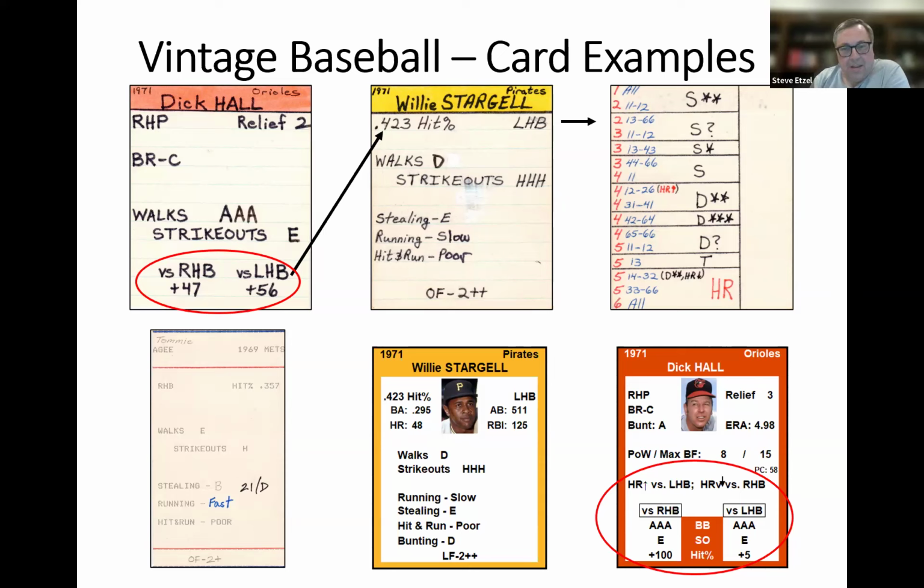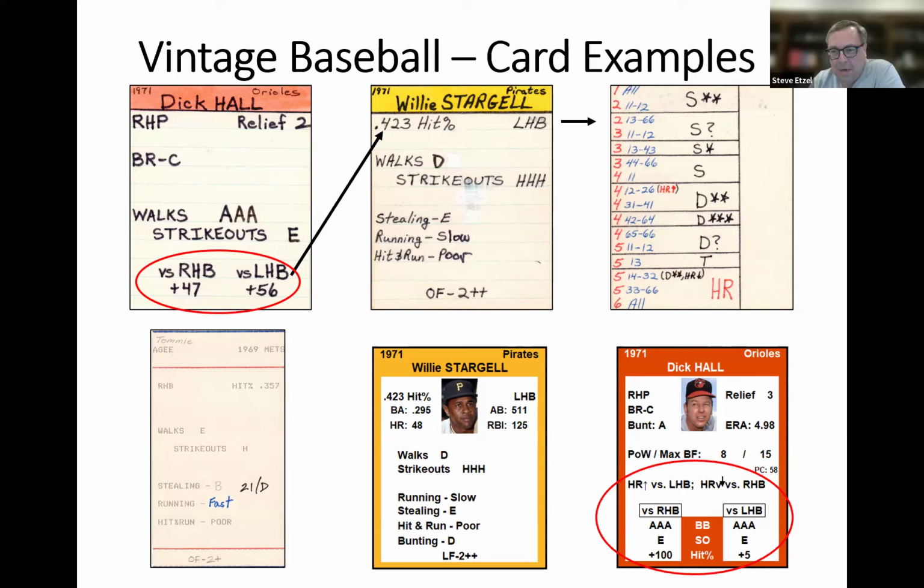More recently, now that I have Excel and it's 40-some years later, I've taken a shot at making the cards look really nice. And that's what you see here at the bottom. The other thing I did, and I alluded to this, is I refined the platoon splits, which is circled at the bottom.